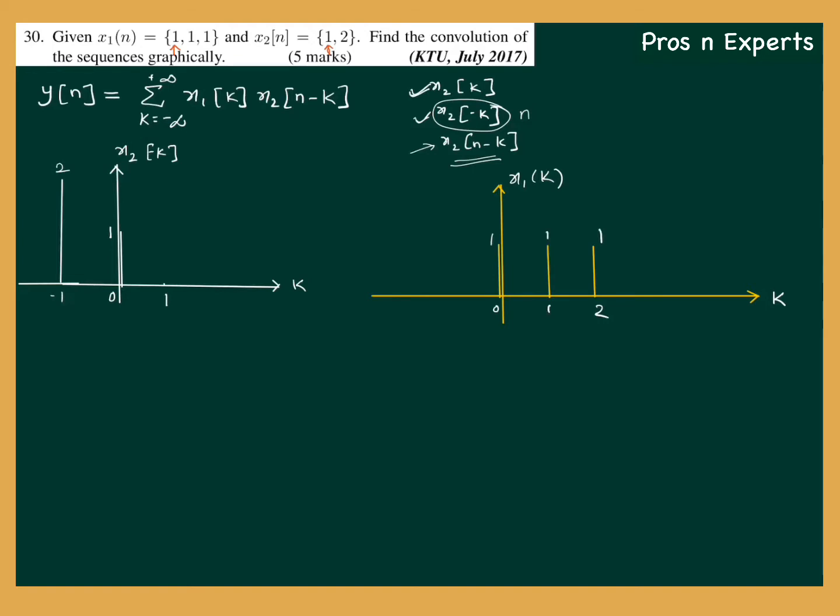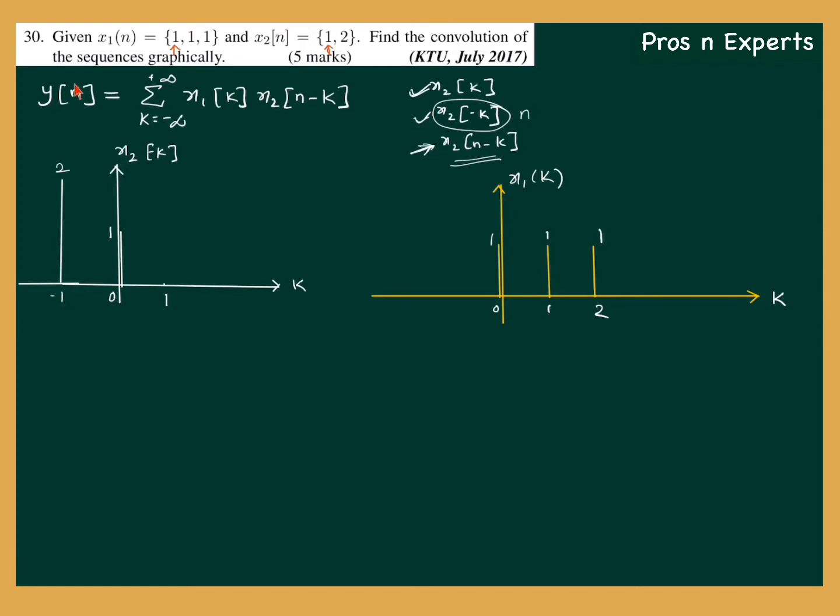Now the next procedure is to draw x2 of n minus k. But before that, you need to be clear about how many samples of the output signal we are going to evaluate, from what value of n to what value. How can you find the initial n value of y of n?